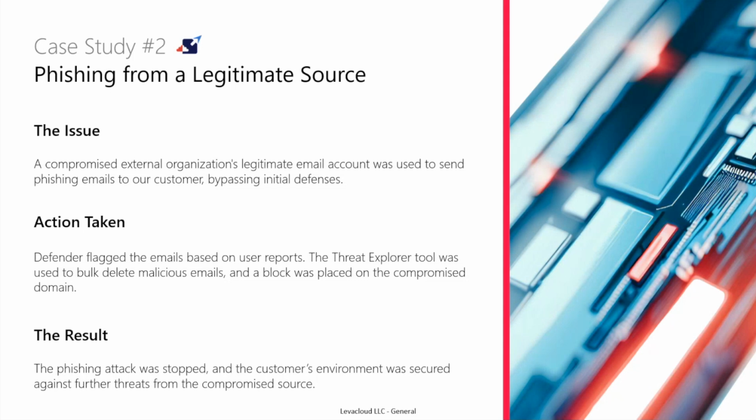And we were able to see that all this stuff that was coming in, initially being reported by users, and then the system had picked up on that and was starting to block it automatically itself, was coming from real email domains, real email addresses. It was passing all of the different verification checks, and it became apparent that this alternate organization to our customer had been compromised, and the threat actor was literally using their real email system to try and phish our customer.